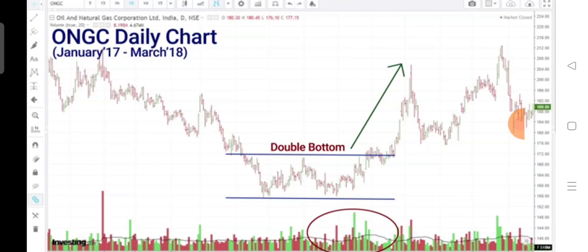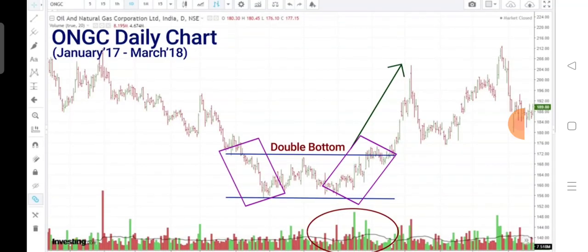One important point that we need to keep in mind in the case of a double bottom is that if the upward legs, like here in the case of ONGC, this leg and this next leg, have quite a bit higher volume compared to the down legs, then the possibility of success of this double bottom is much higher.